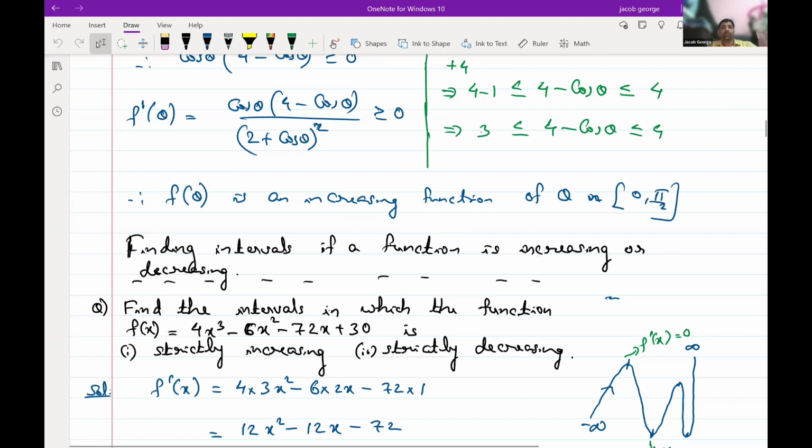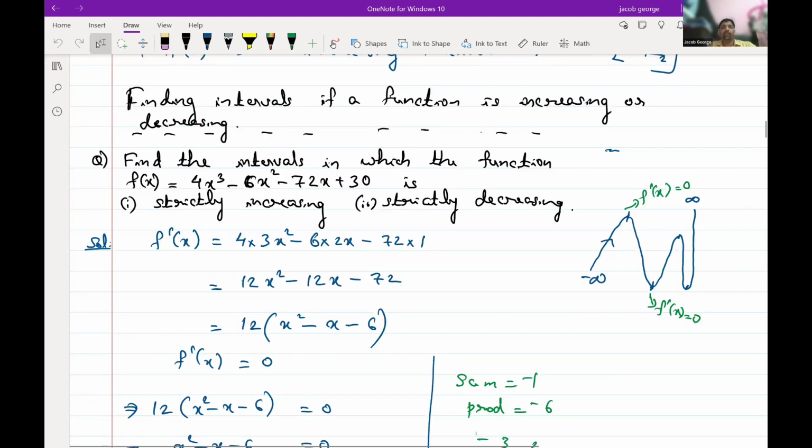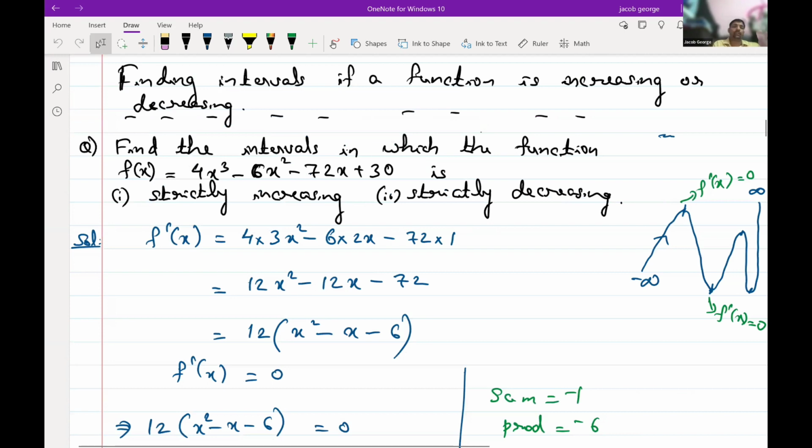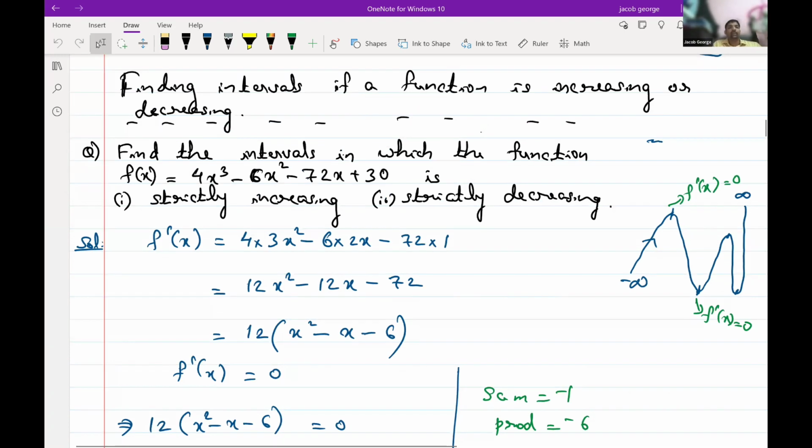Okay, so this type of questions are very important: finding intervals where a function is increasing or decreasing. So this is a cubic polynomial. Cubic polynomial or fourth degree polynomial also can be asked.